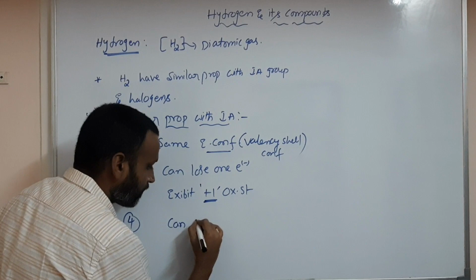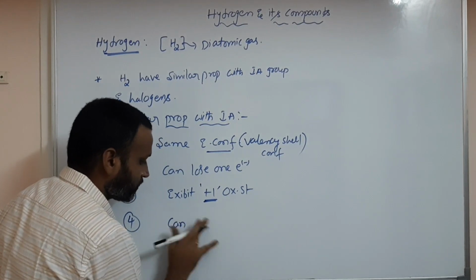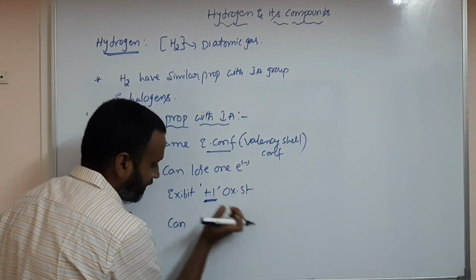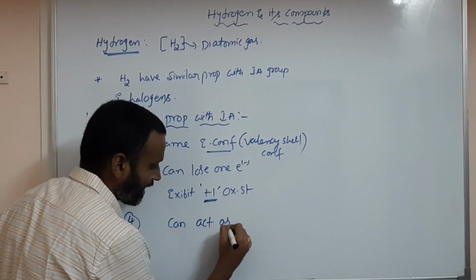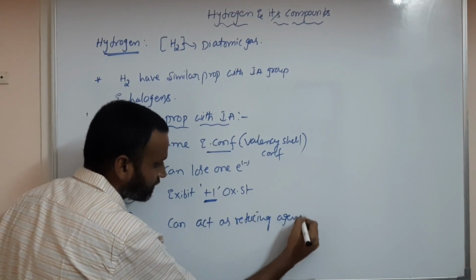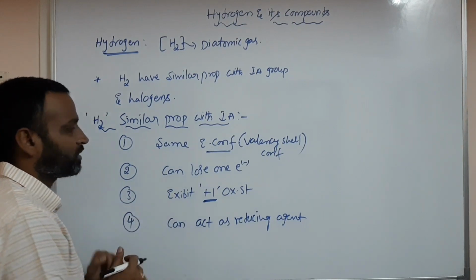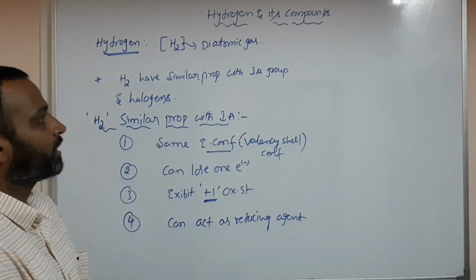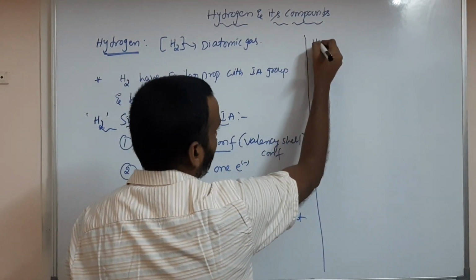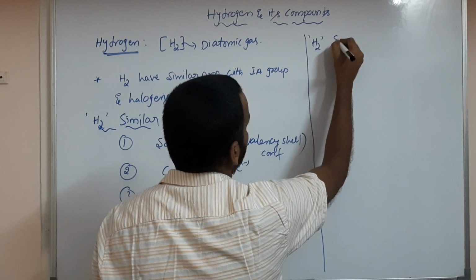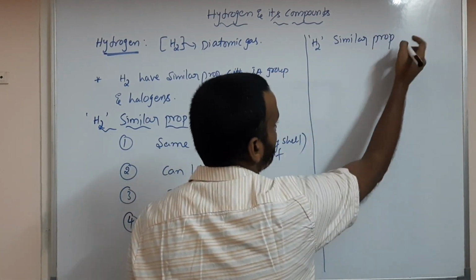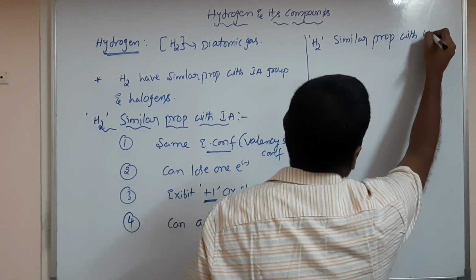So hydrogen can act as a reducing agent. These are the similar properties of hydrogen with 1A group elements. But H2 also has similar properties with halogens.